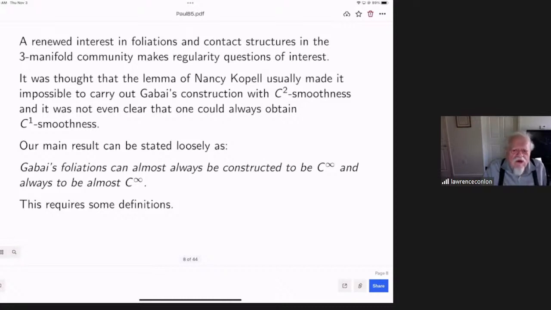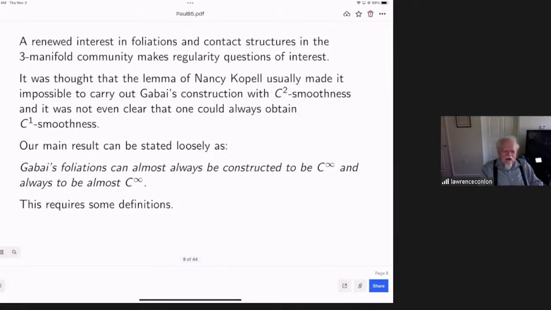And it wasn't even clear that it could be C1 smooth. In fact, many, many years ago, David asked me whether his foliations were C1 smooth. I didn't have the foggiest idea because I didn't have the foggiest idea of how he constructed them. That was many, many years ago, thank God.